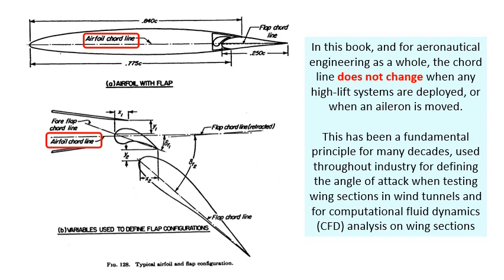And this has been a fundamental principle for decades, from the very beginning, as far as I know, from when high lift devices were invented, for experimental testing and for analysis with CFD.